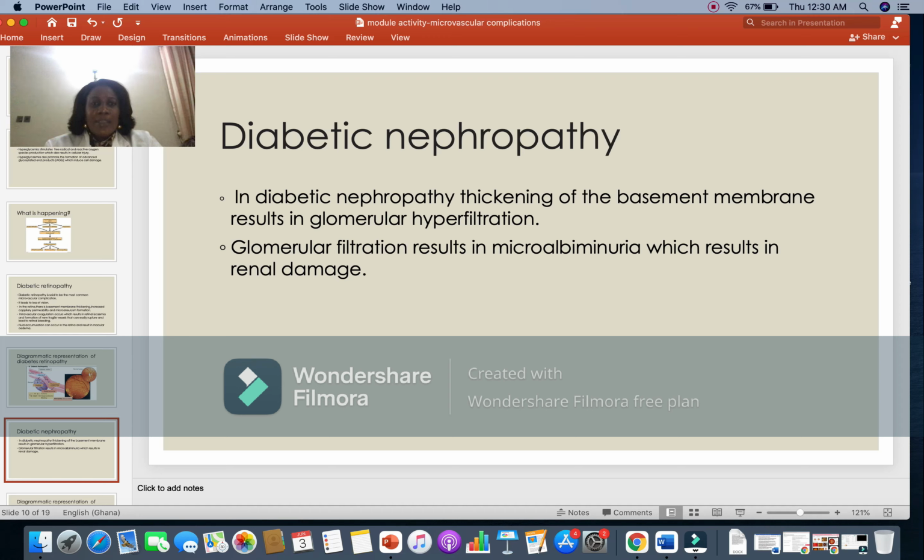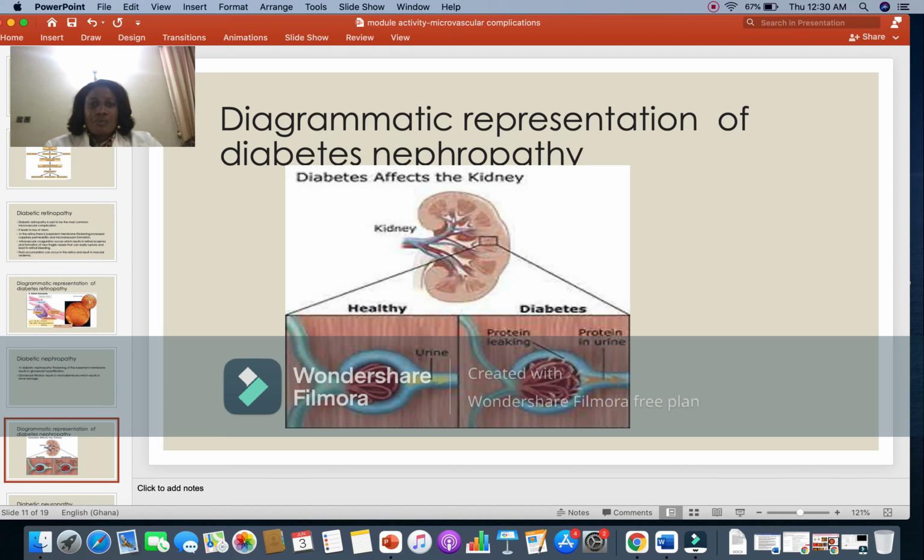Also, in diabetic nephropathy, there is thickening of the basement membrane due to sorbitol accumulation, oxidative stress, reactive oxygen species, and advanced glycosylated end product production, and this results in leakage of proteins, or glomerular hyperfiltration of proteins and microalbumin, which results in renal damage.